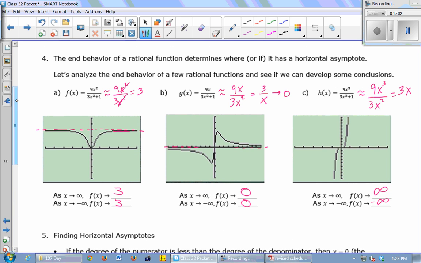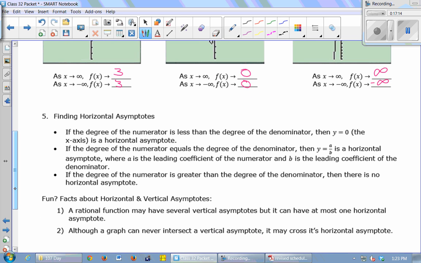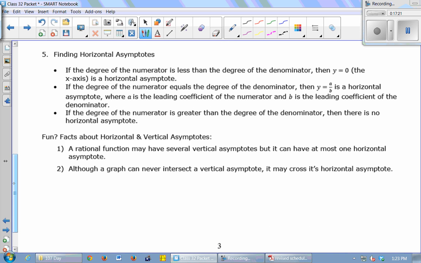So in this case, it was y equals 9 over 3, which is 3. So you just have to look at the ratio of the leading coefficients if the degrees are the same. And then last case, if the degree of the numerator is bigger than the degree of the denominator, no horizontal asymptote, because it's going to just grow and decay to the right and to the left.